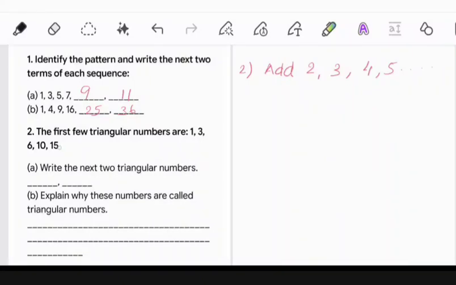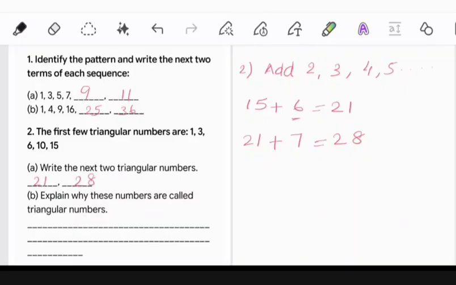Okay, so the next number is 15 plus 6, which is 21. Then 21 plus 7 is 28. So the next numbers are 21 and 28.